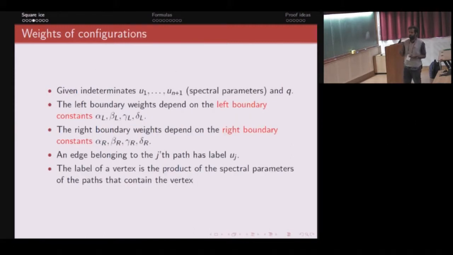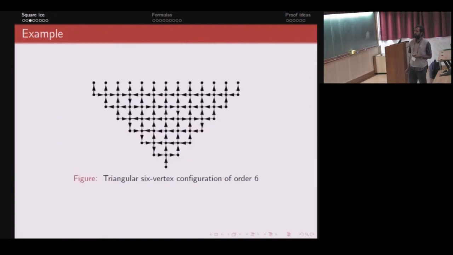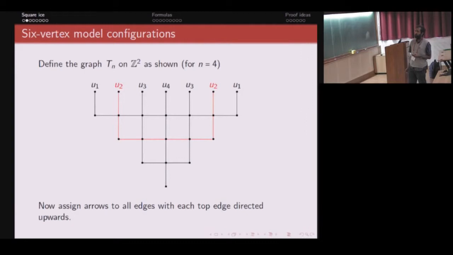Now we want to assign weights. It's a statistical mechanical model, so you want to assign weights. The weights are related to these indeterminates ui. To each path which goes like so, you assign the same weight ui.